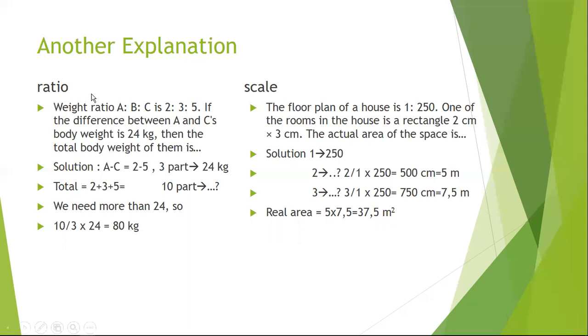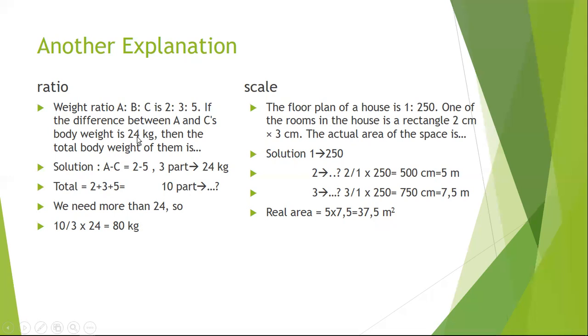So the weight ratio of A, B, C is 2, 3, and 5. And the difference between A and C is 24. So they're asking about the total body weight. If A is 2, B is 3, C is 5, so the total is 2 plus 3 plus 5, right?